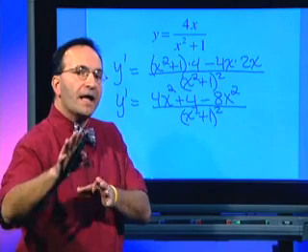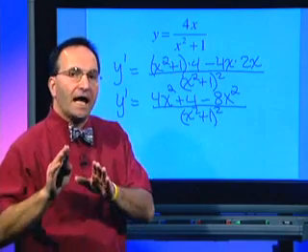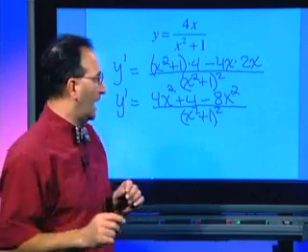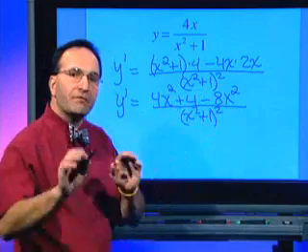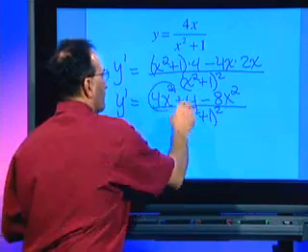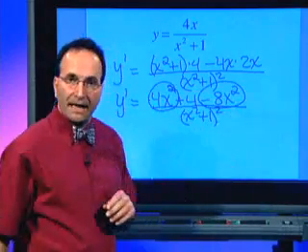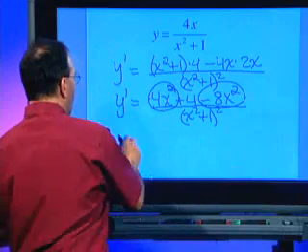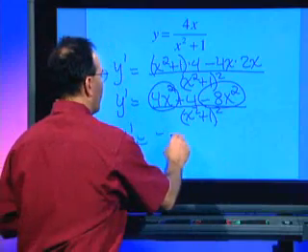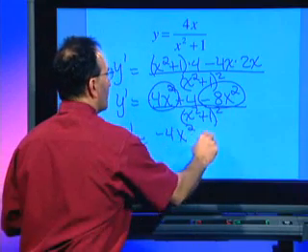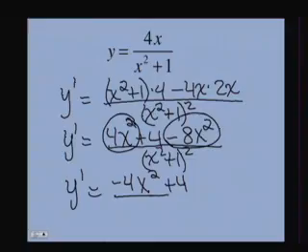Because now, if we want to find the slope of the tangent line, we now know that this is our slope, which I can simplify a little bit more because of my x squared and my minus 8x squared. So I get y prime is equal to negative 4x squared plus 4 over x squared plus 1 quantity squared.